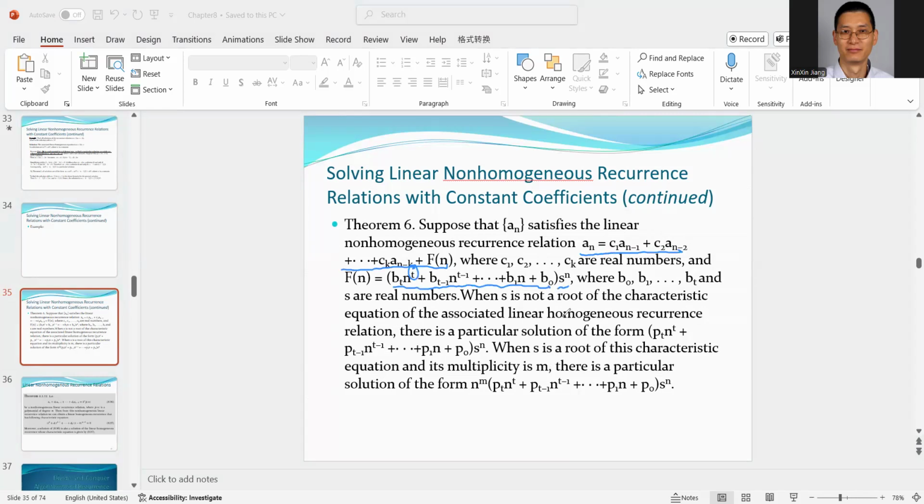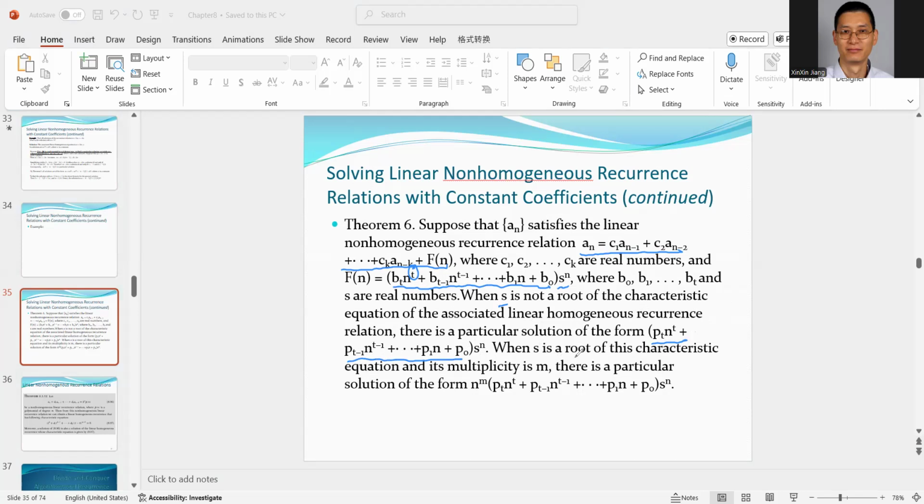And the result is when s is not a root of the characteristic equation of the associated linear homogeneous recurrence relation, then there is a particular solution of the form, which is a polynomial with the same degree but with general coefficients, which may not be the same as b sub i, times s to the n.